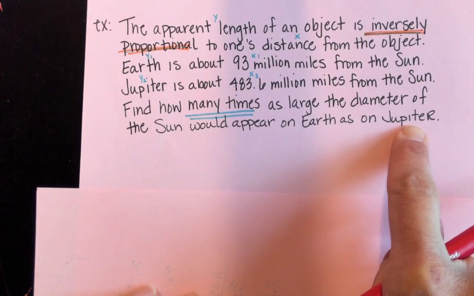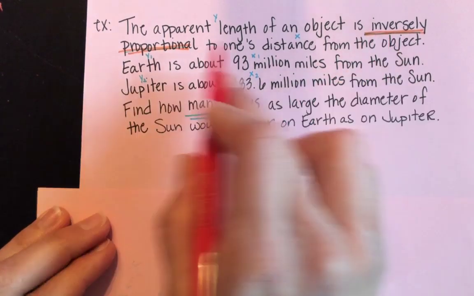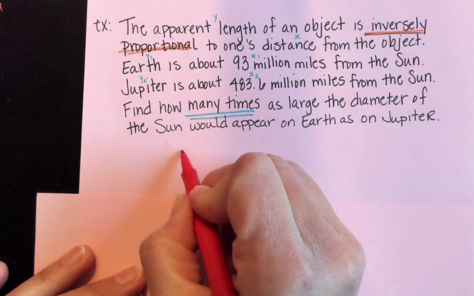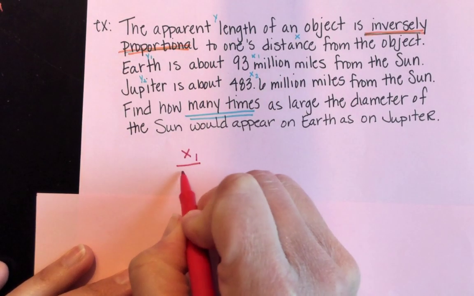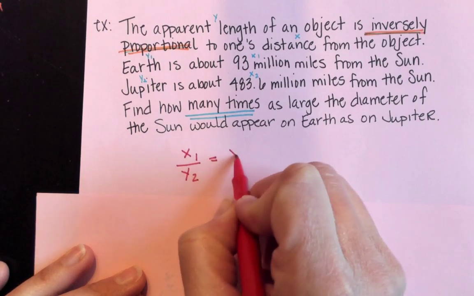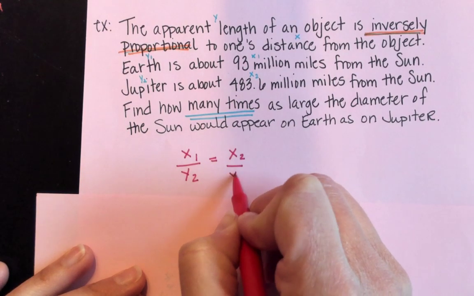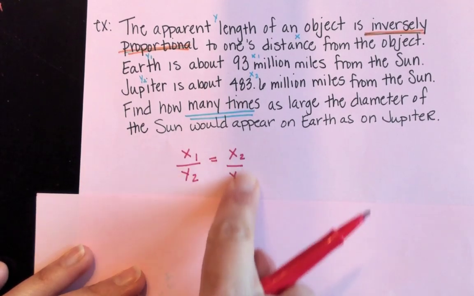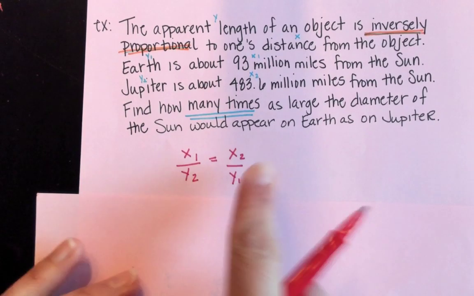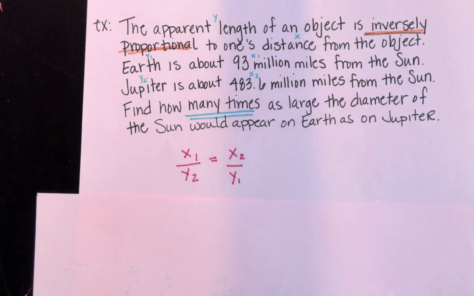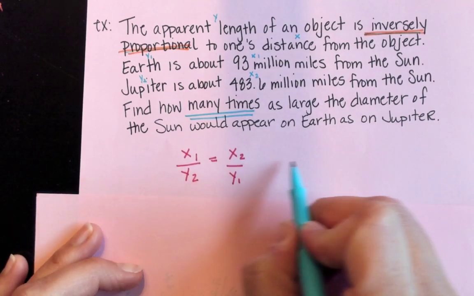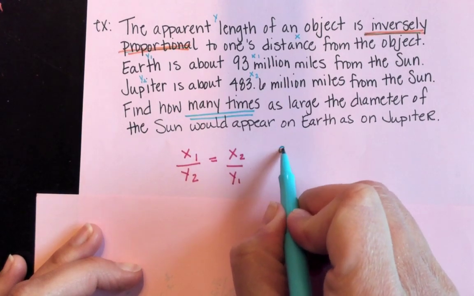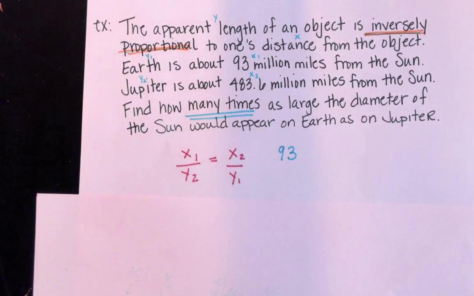So we did the first part, the inverse variation. So we determined what that was, and I'm going to label this the x1, y2, x2, y1. Remember, x is on top, y is on the bottom. We flip-flop 1 and 2, 2 and 1. Then I'm going to plug in our x1, which we said was 93 million miles.